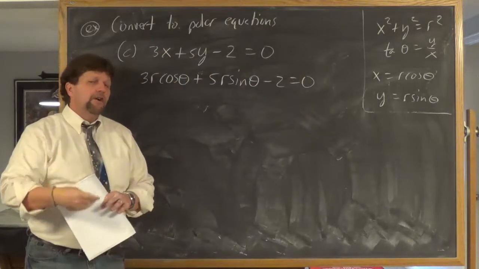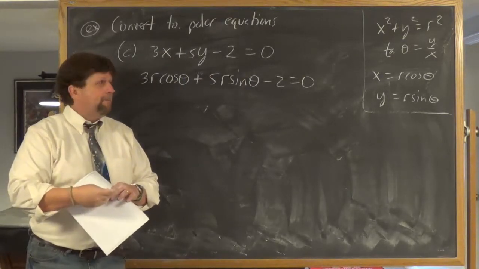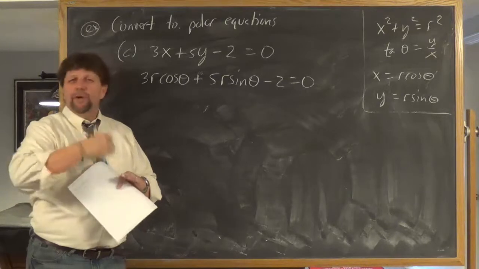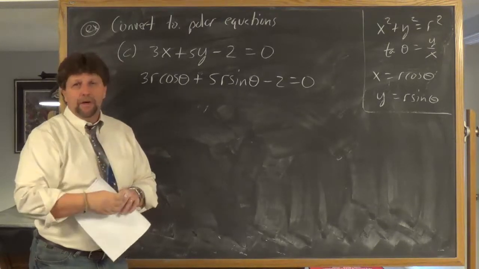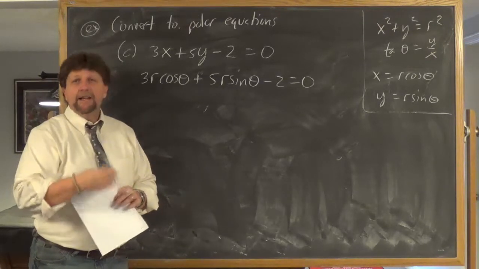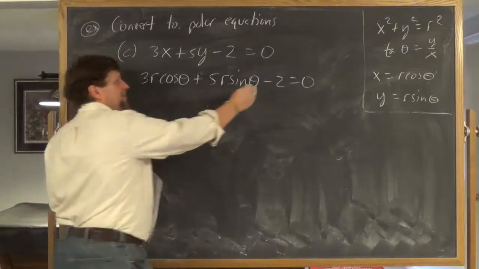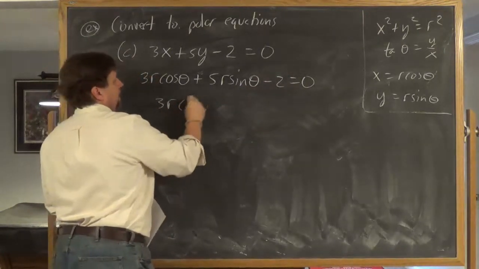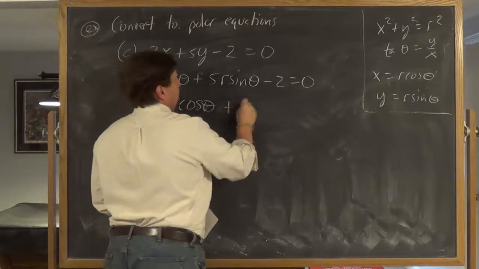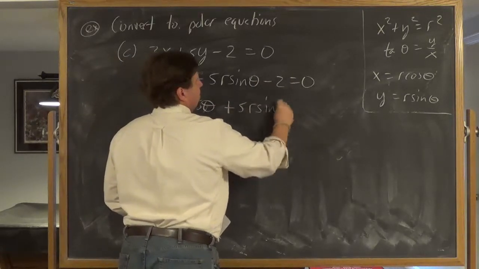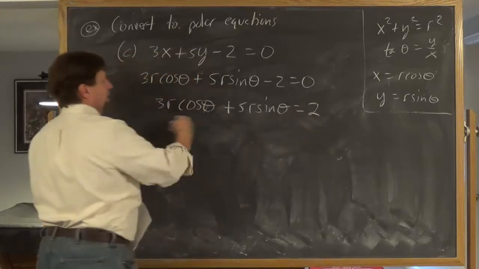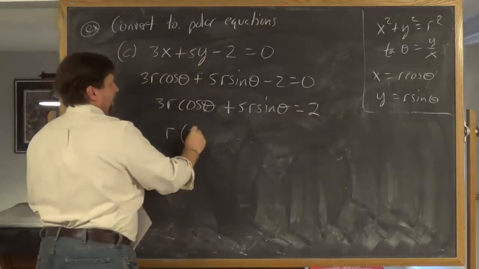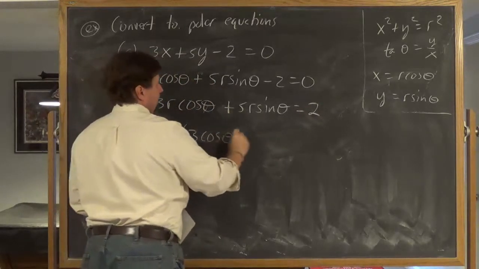And like I just showed in part B, if I could get this into an r equals form, I'm going to do it. And I think I can here. It's not that bad. I would start off by adding 2 to both sides of the equation. And then, over here on the left side, I can factor out the r.